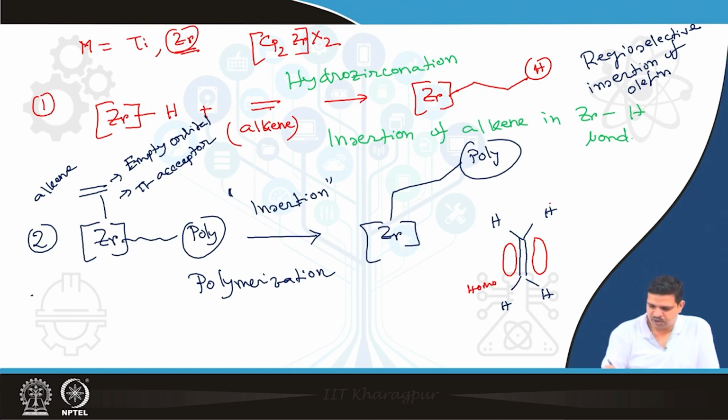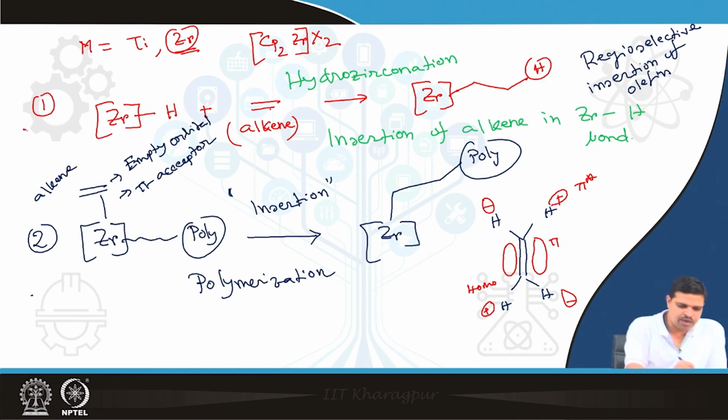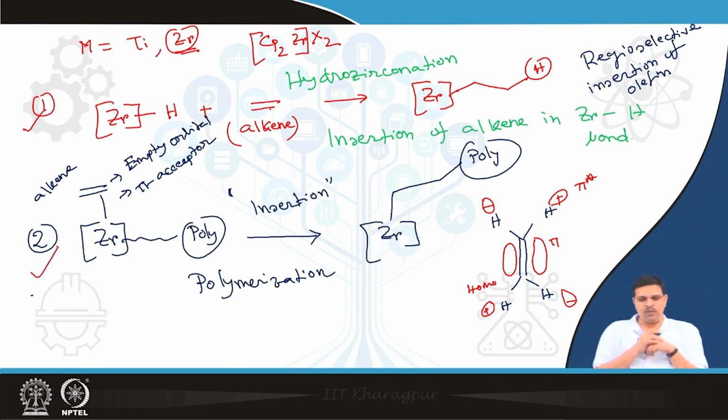And it has a pi star like this one, and this is the pi. So these pi electrons are donated to the empty orbital of the zirconium bent metallocene and give this kind of interesting reactions. These reactions are what made the bent metallocene of zirconium popular in industrial applications.